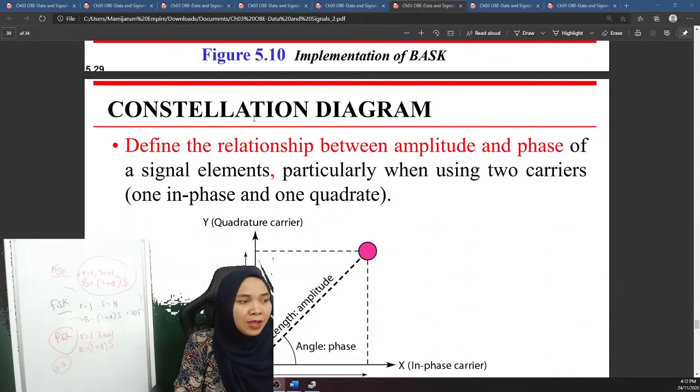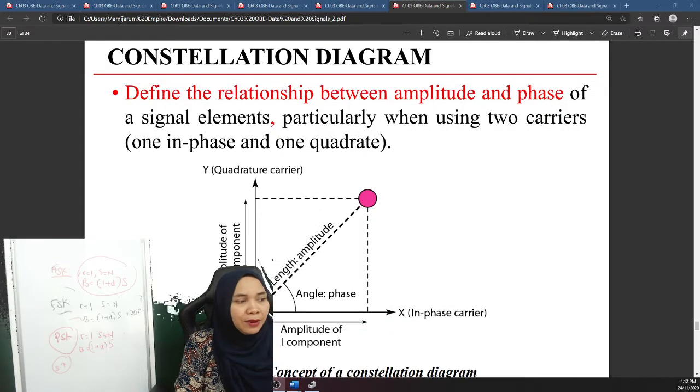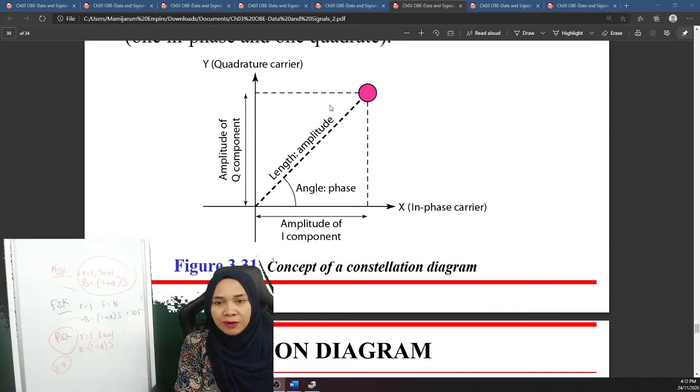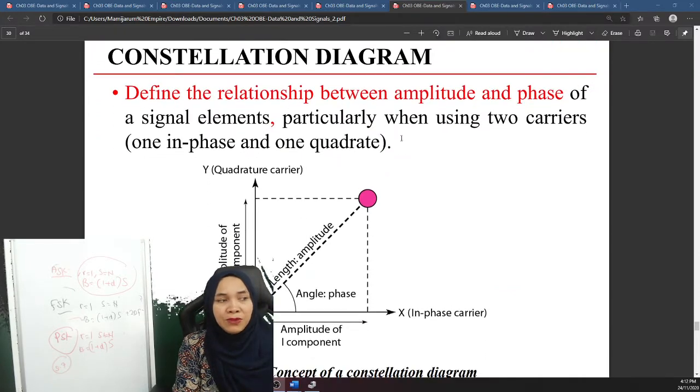Right, so now this is the constellation diagram. The constellation diagram represents the relationship between amplitude and phase of a signal element, particularly when using 2 carriers. We can see from here, we have 2 carriers. This is how we represent the relationship between amplitude, here, and also phase.